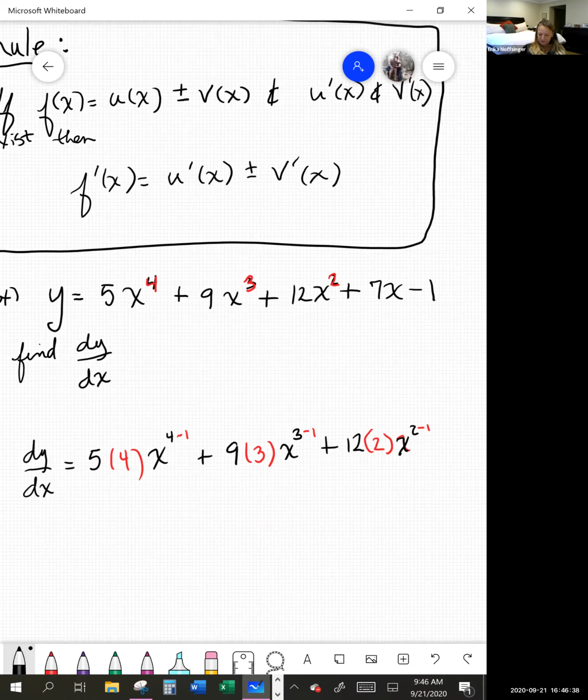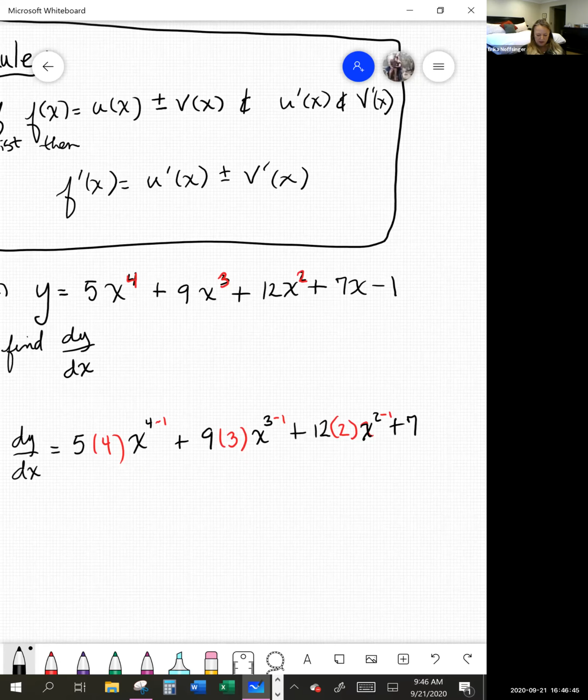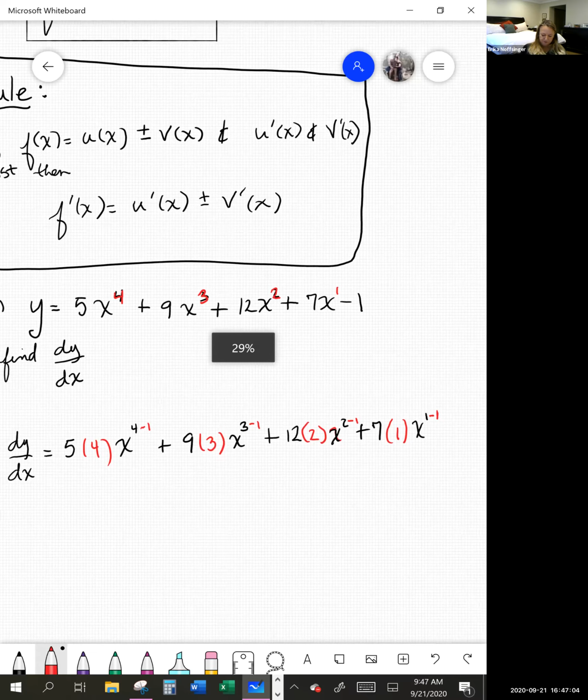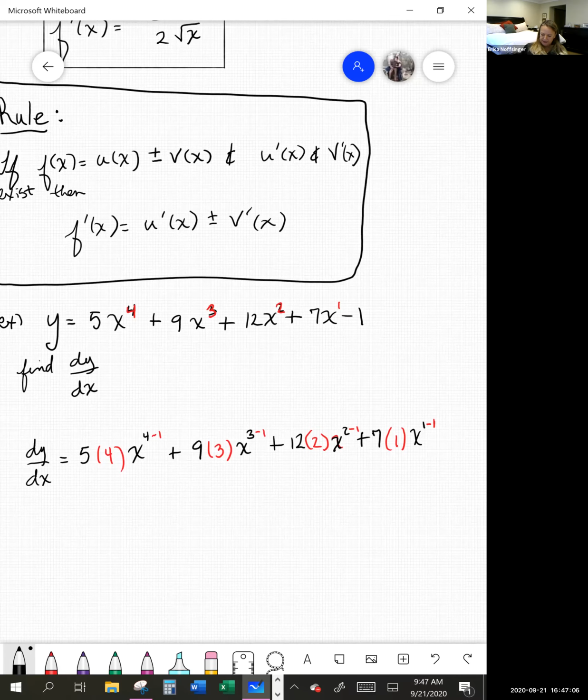Plus 7, bring our power down. If the power is not there, isn't that just a 1? So we can bring the 1 down if you want to write it, you don't really have to. So x to the 1 minus 1 power. And then the derivative of a constant, we said, was 0. So minus 0.